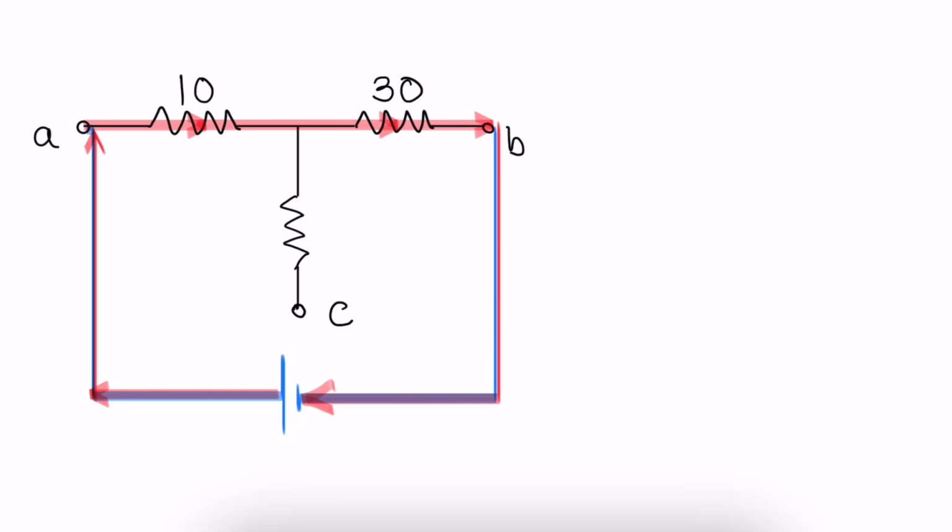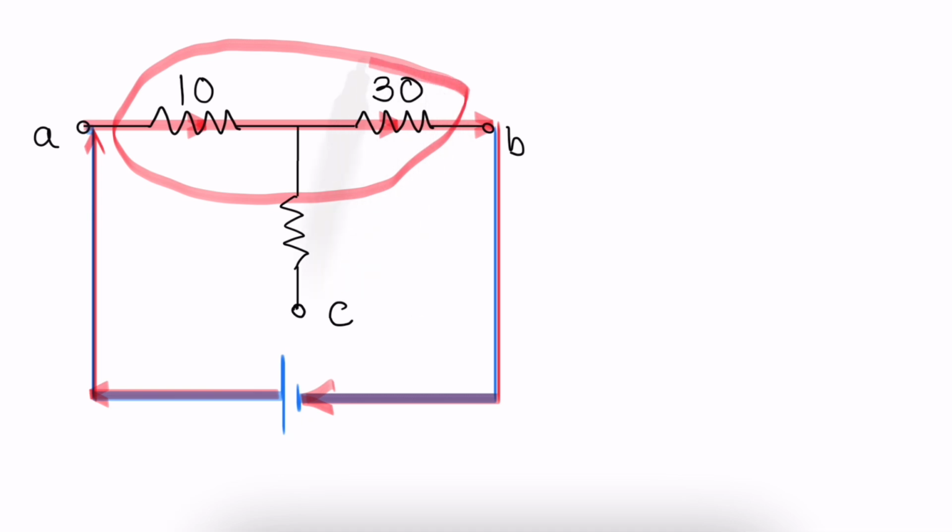You can specifically observe there is no current in this particular component, no current. So this component does not play any role when you calculate RAB. We can observe in resistances 10 and 30 there is the same current flowing.